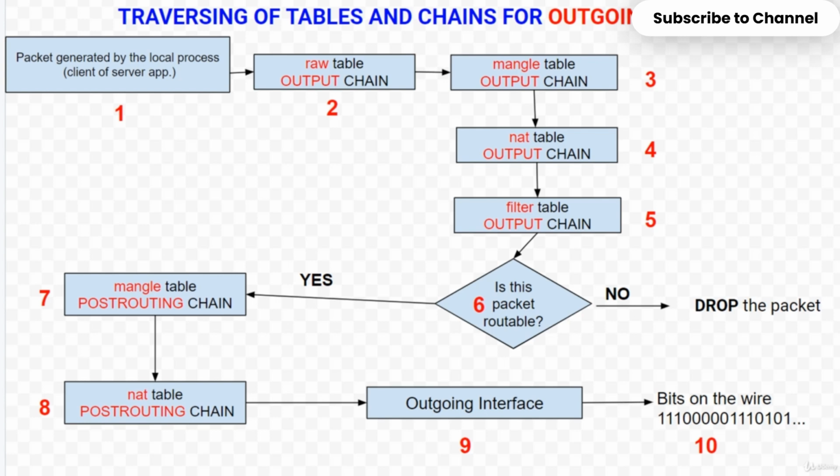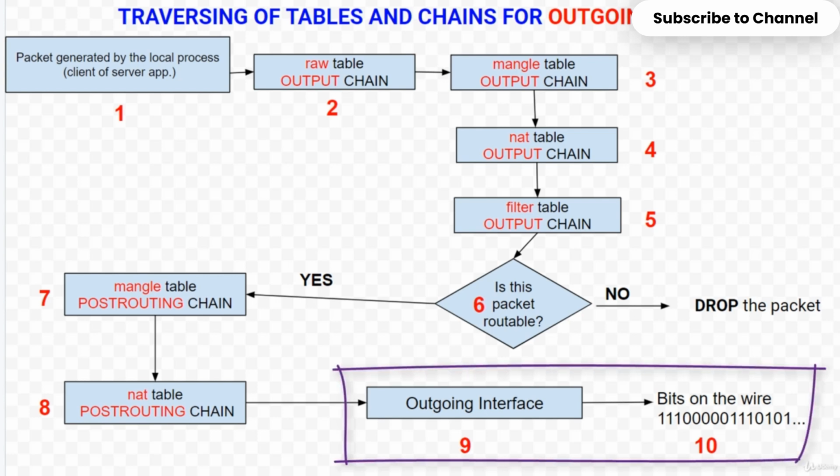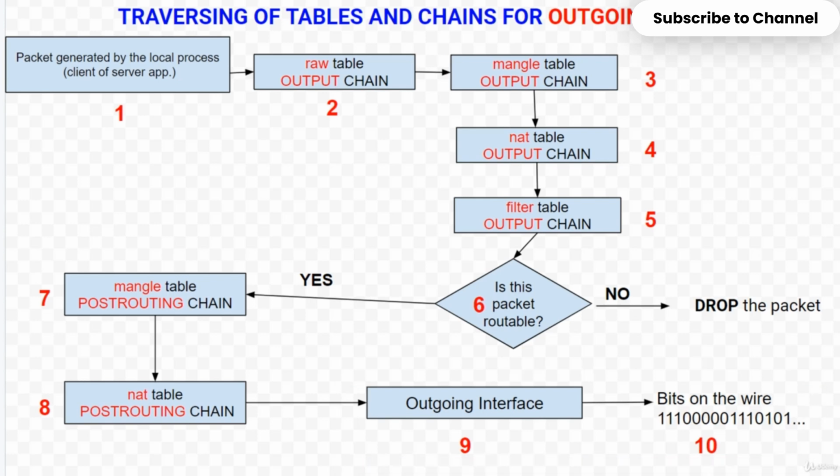If the packet has reached this point, the driver of the network interface, which is wireless or wired, transforms the packet into a data frame, and then the physical layer packs the frame into bits and sends the bits on the physical medium. Okay, that's step by step how outgoing or generated traffic traverses the tables and chains of Netfilter.